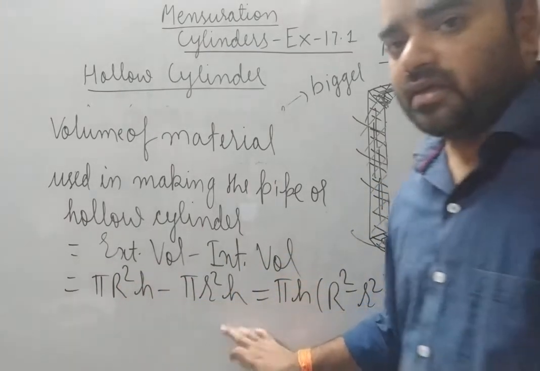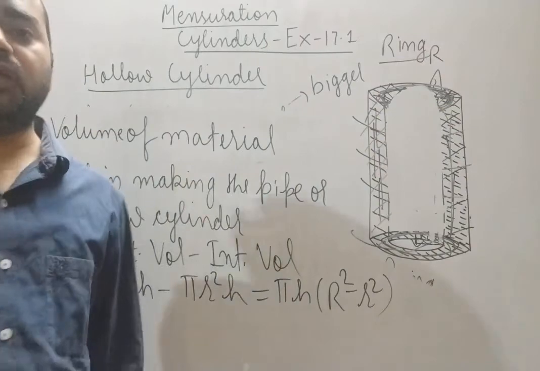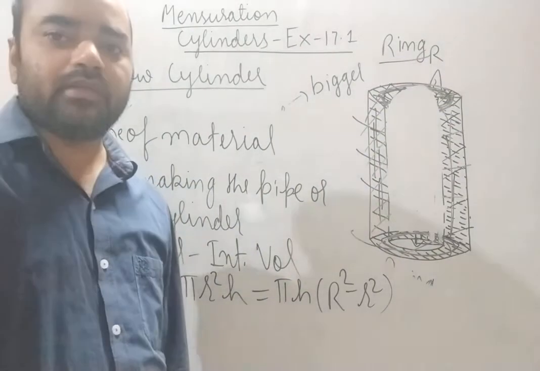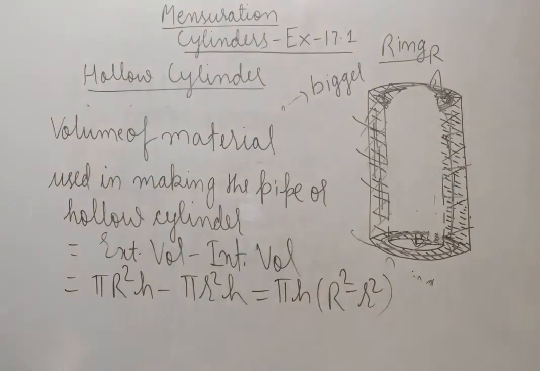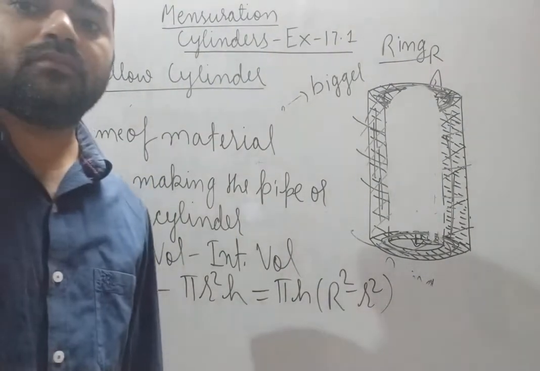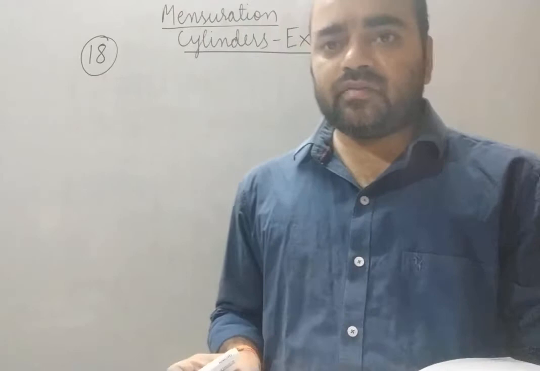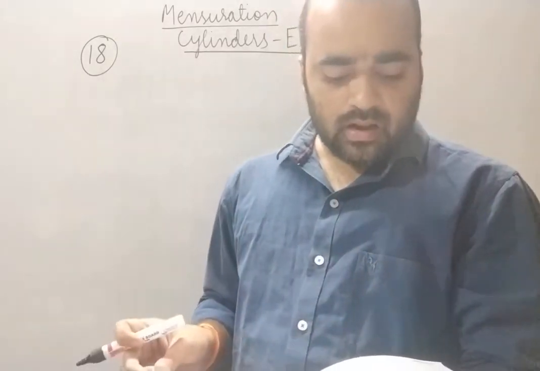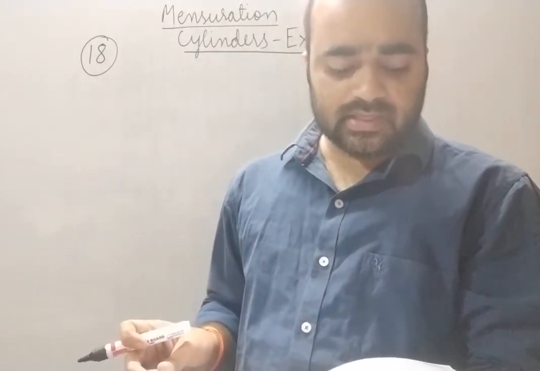So now we are going to start the question. Question number 18. Correct? This is the formula. Starting with question number 18: a cylindrical tube. Tube means hollow cylinder. Cylindrical tube means hollow cylinder, open at both ends, made of metal.